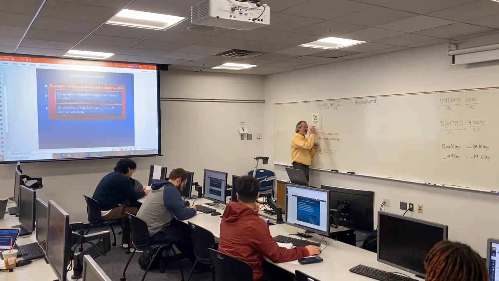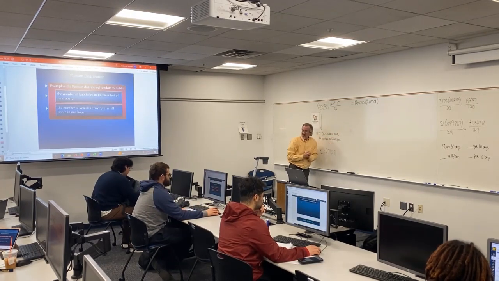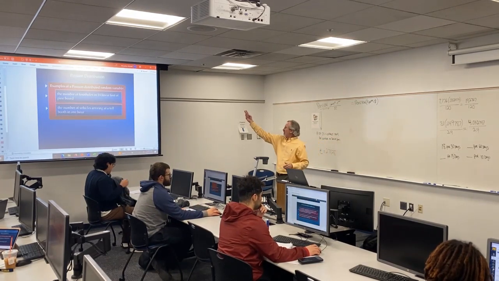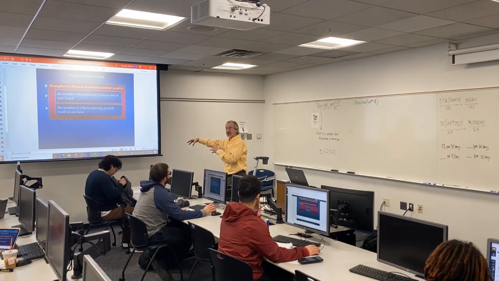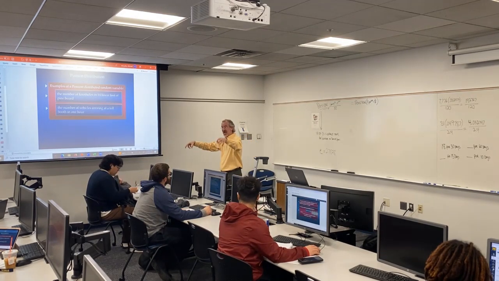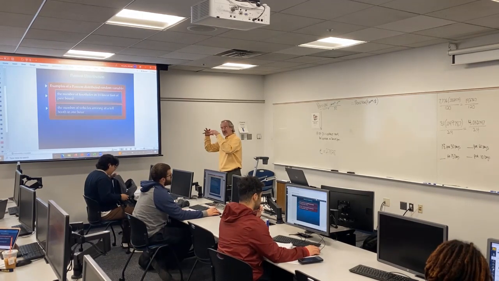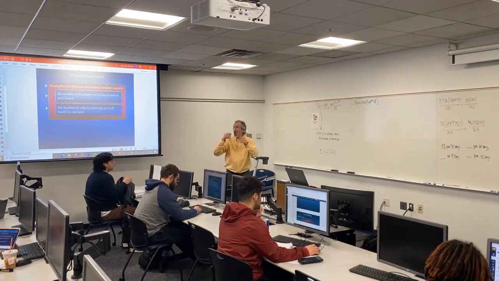It asks about the interval between the occurrences. So it might say, what's the probability there'll be 14 linear feet between the next 2 knot holes? That question was asking about the interval of 14 feet between the occurrences of knot holes. That's exponential. We're learning that later. Today is all about a question that's asking you for the probability of the occurrences over an interval.